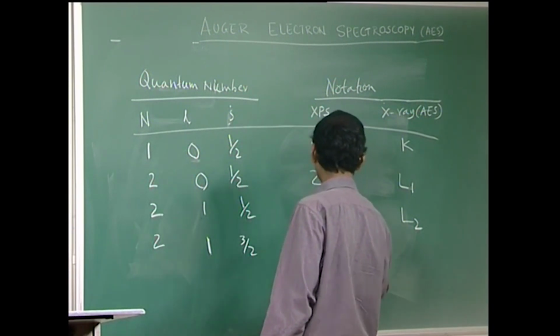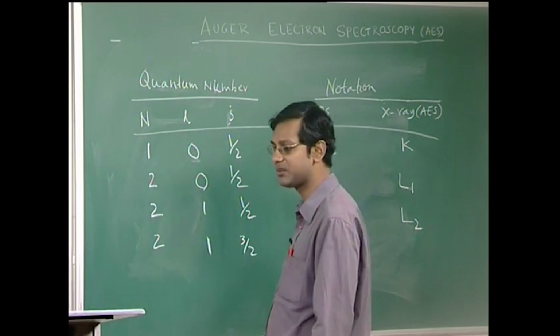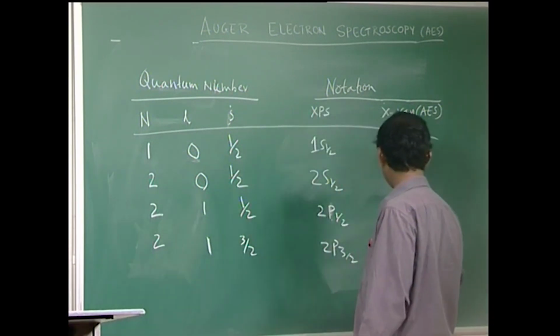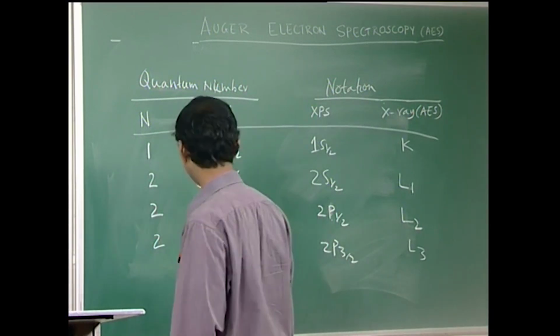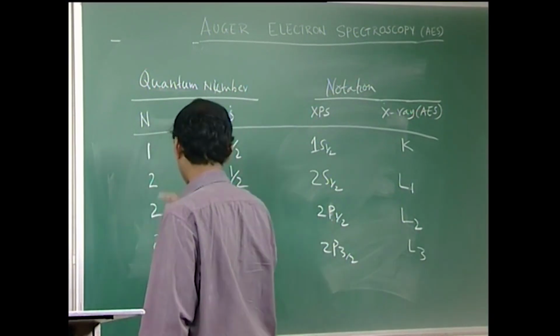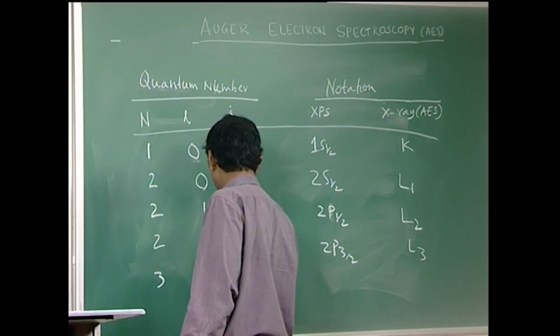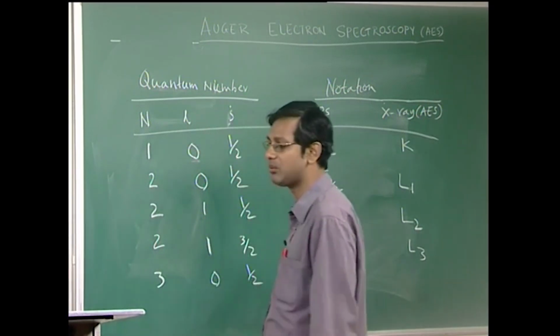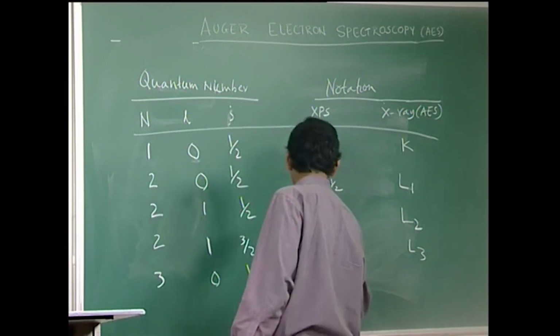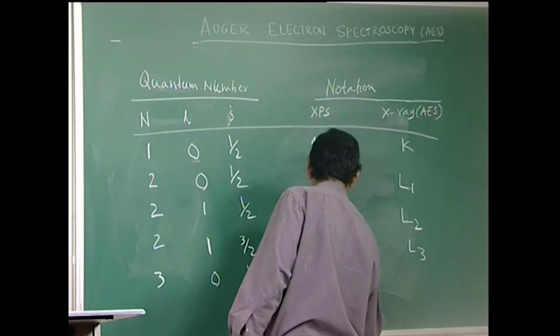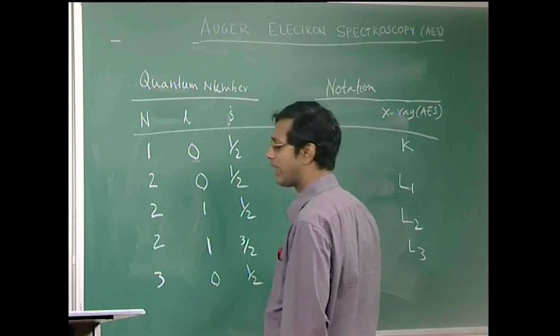This is what we have discussed, how 2p 1/2 and 2p 3/2 come in XPS, and this will be L3. Now, let us do the same for n equal to 3. When the principal quantum number becomes 3, with l equal to 0 and j equal to 1/2, this will be 3s 1/2, and this will be M1.